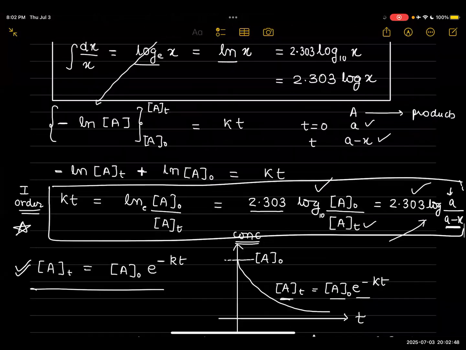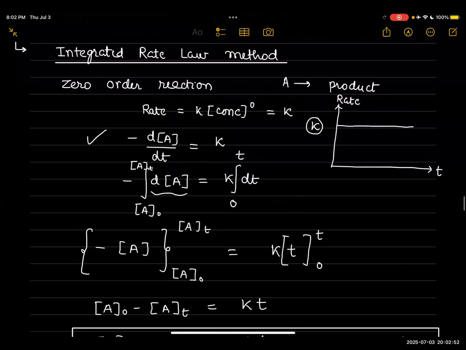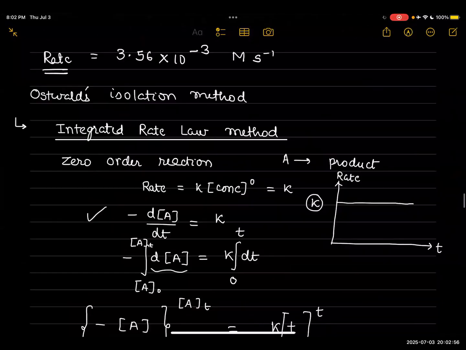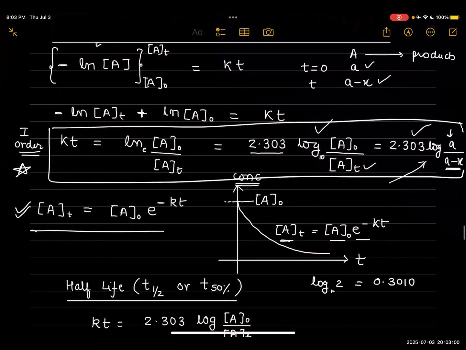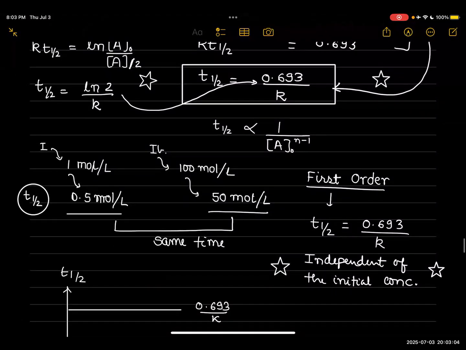Initial concentration to the power n minus 1. That's what we had seen. And the half-life for n minus 1, for the first order, it is this expression I was talking about.